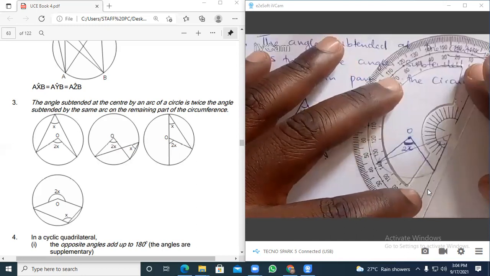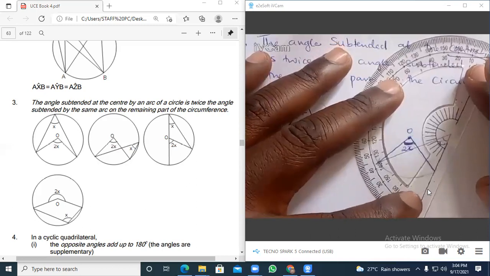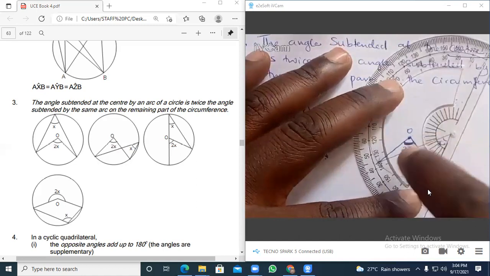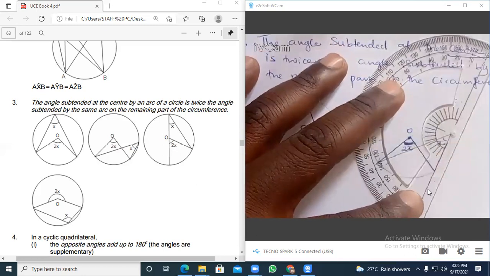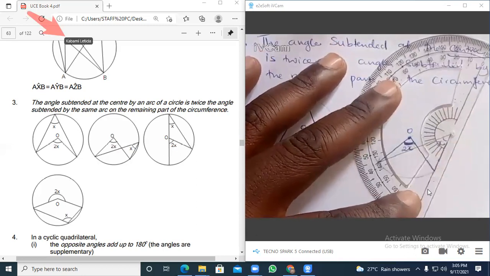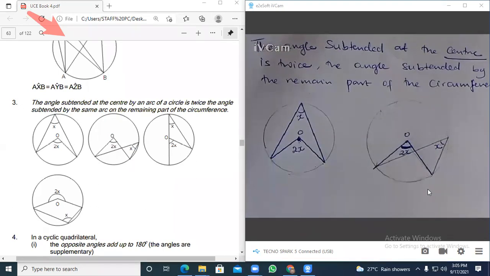Are you seeing? So it means that this angle which is here is half this, or this angle which is here is twice that. Clear? You can use a circle and measure, and you verify it. It works out.